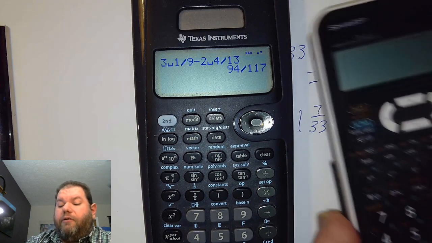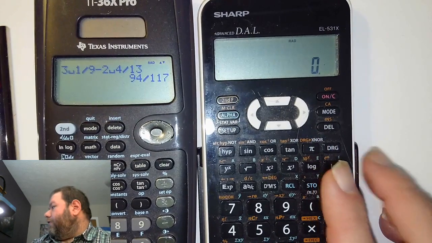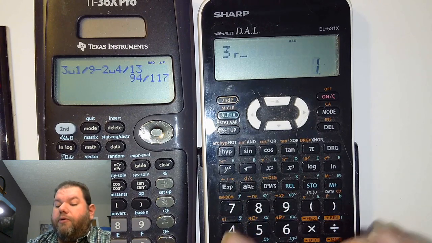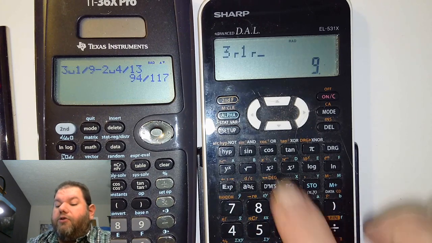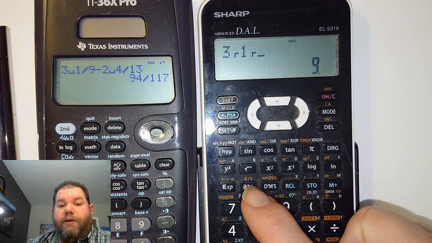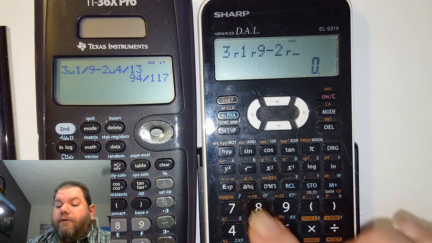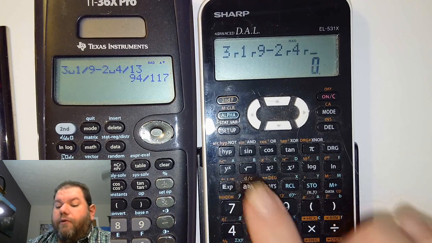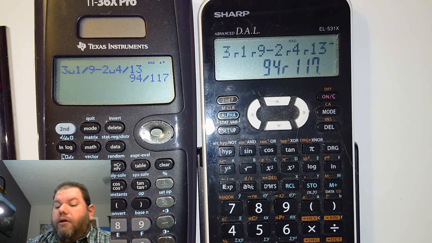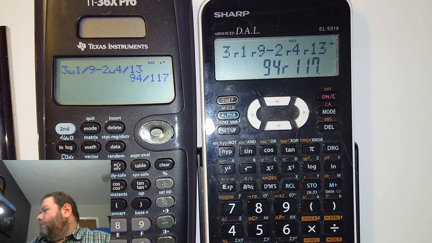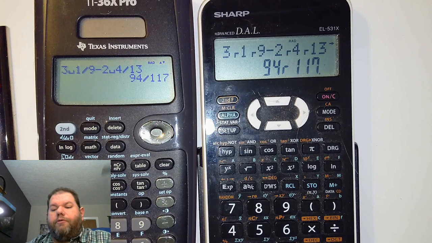It's a little bit easier, I think, on this calculator, because I would just go 3 and 1 over 9, using the same AB over C button both times, minus 2 and 4 over 13, and we get the same result. So hopefully between the two of those, either one or the other will work for you.